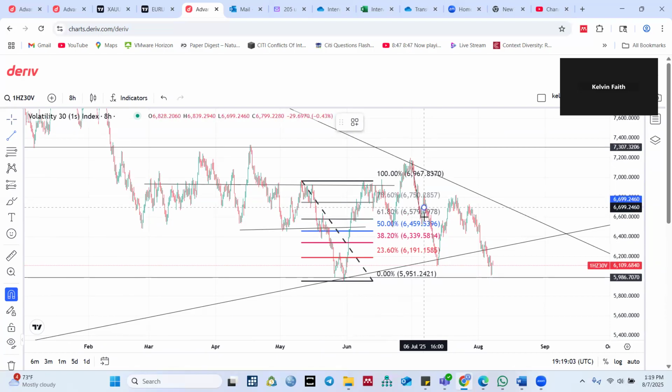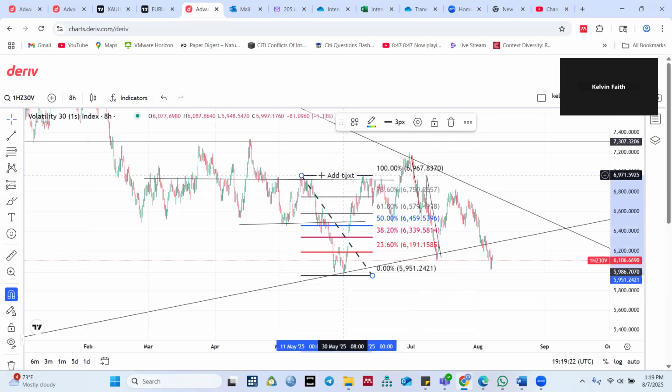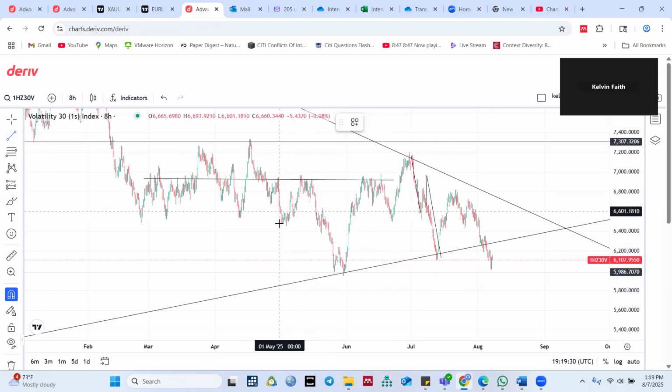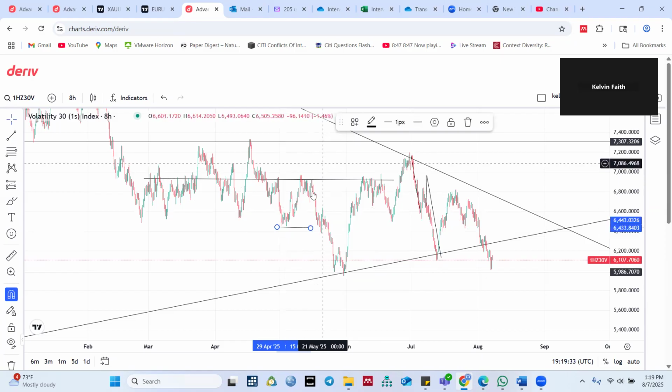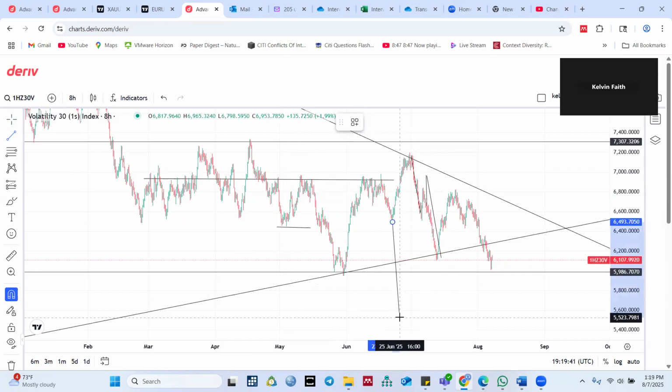We thought that we had a break of structure to the upside. But once it made the intention to go up again from here, it rejected and continued down. So what does this tell us? I was telling you that the ideal thing is that we have a break of structure, price should move into this area, and we should expect a new low.